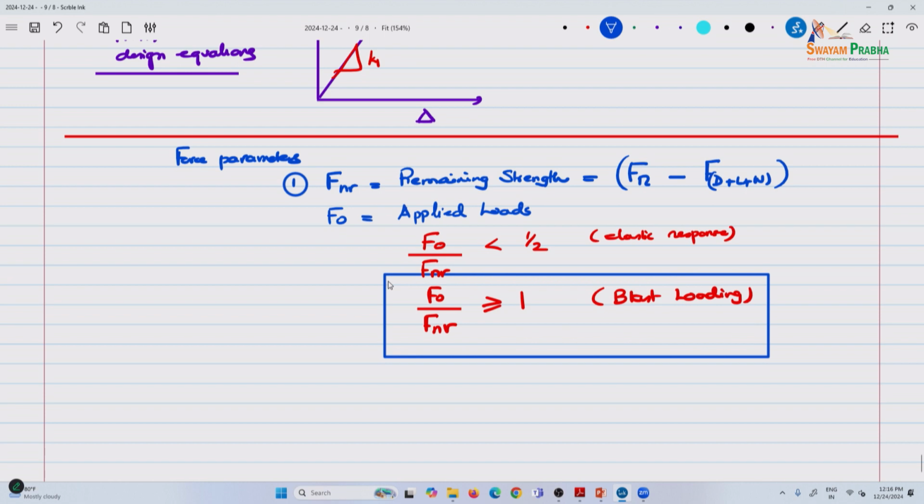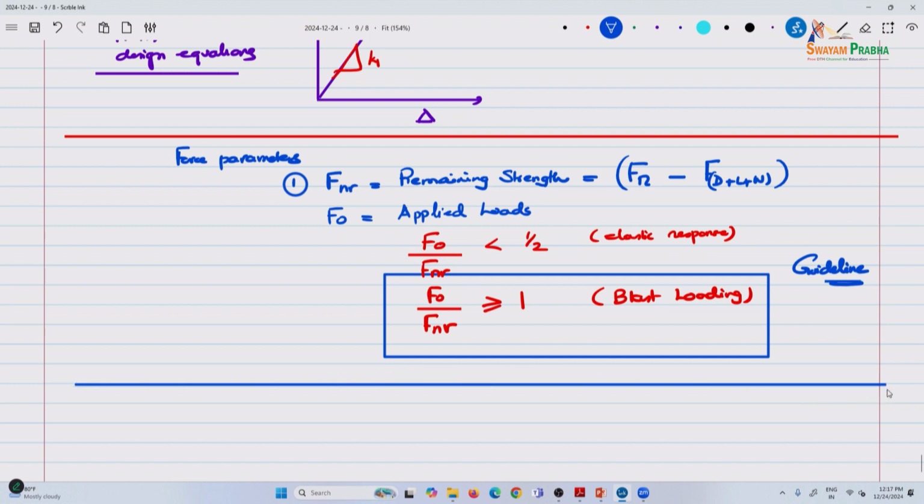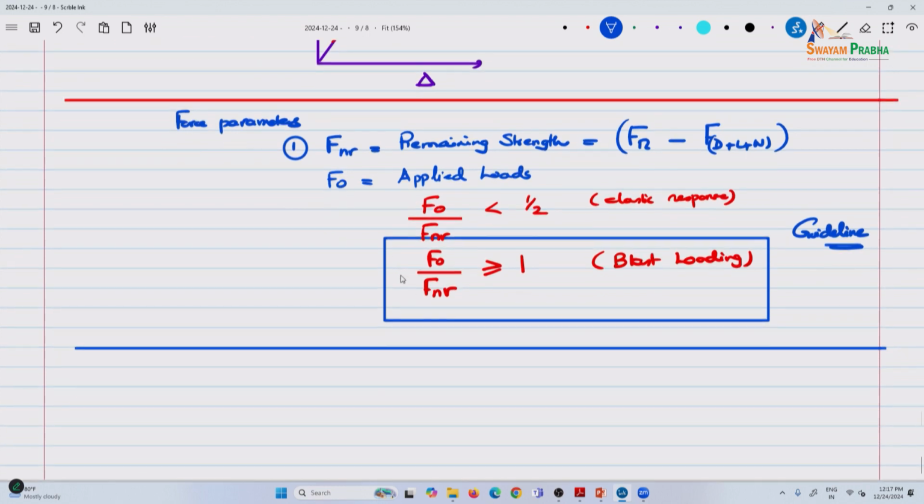If you want a quick judgment of whether the structure is going to respond, depending on the applied load, whether you need to consider blast response of this structure, then this is a good guideline. I should mention again that this is basically a guideline.